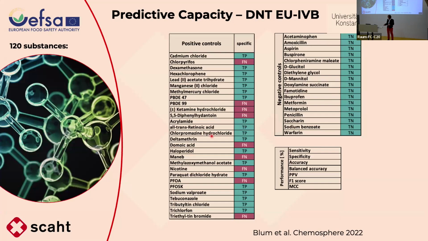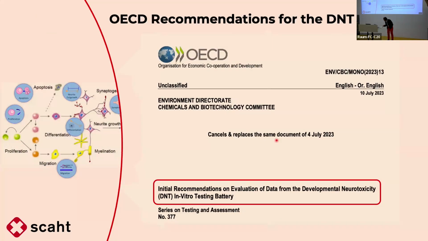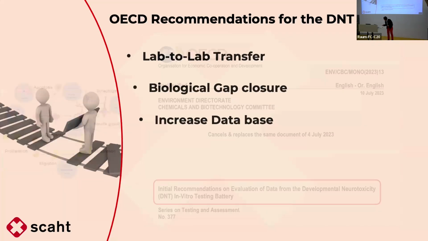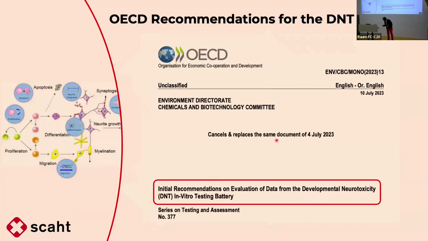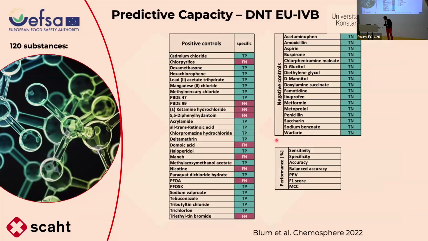And so we have a sensitivity. Whoops, where is it? My numbers disappeared. I must have deleted them. I'm sorry. So we have a sensitivity, I think, of 68%, and a specificity for these compounds of 100%. You see there's only true negatives, so there is no false positive.